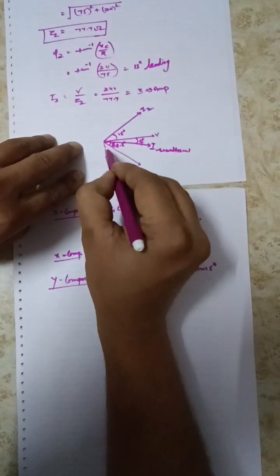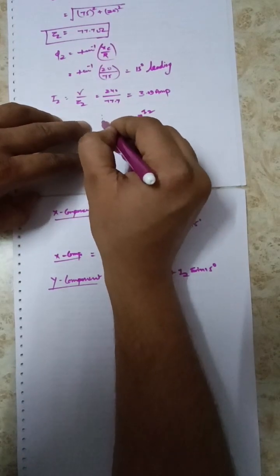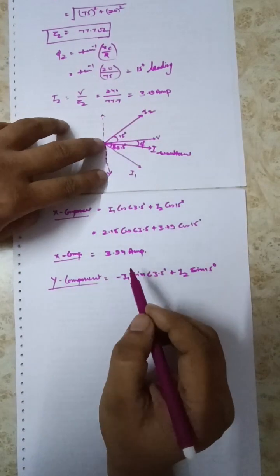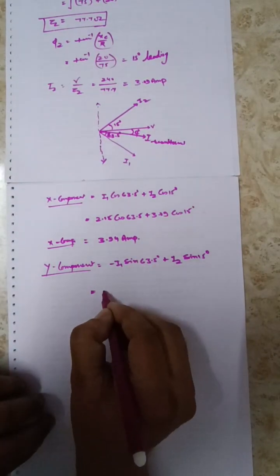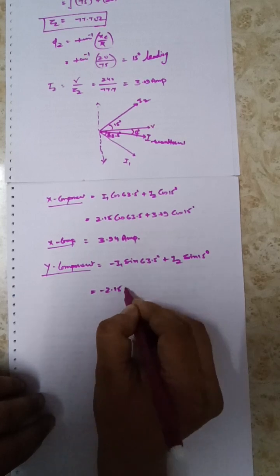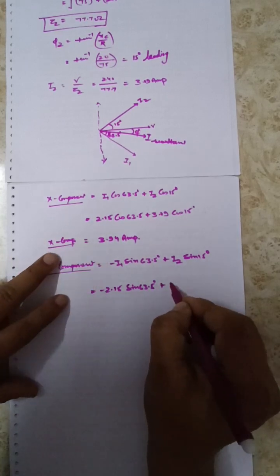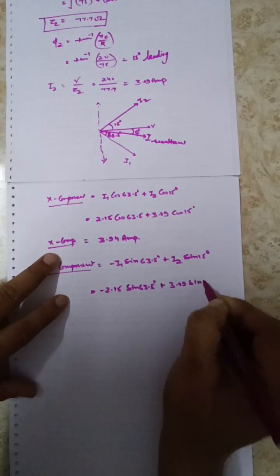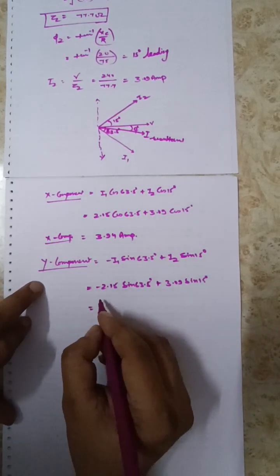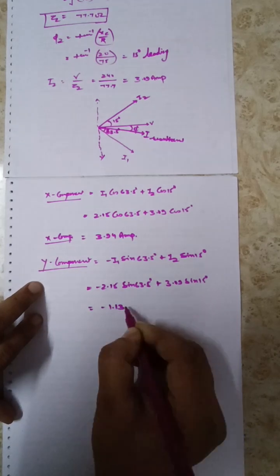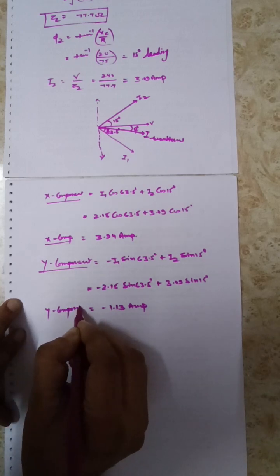The y component of I1 current will be here, and the y component of I2 will be here. So it is negative and it is positive. Clear? Put the value of I1, minus 2.15 sine 63.5 degree plus what is I2, 3.09 sine 15 degree. So the value will come out to be minus 1.13 ampere. This will be your y component of current.